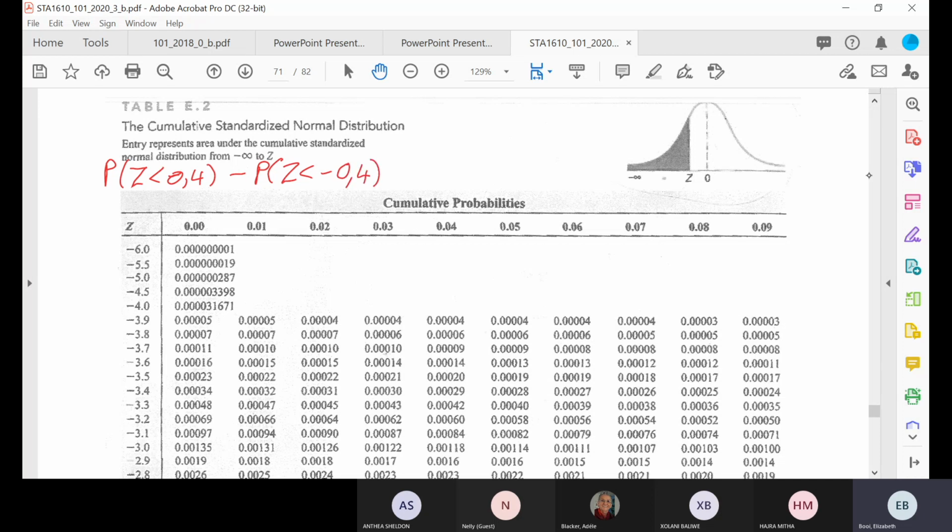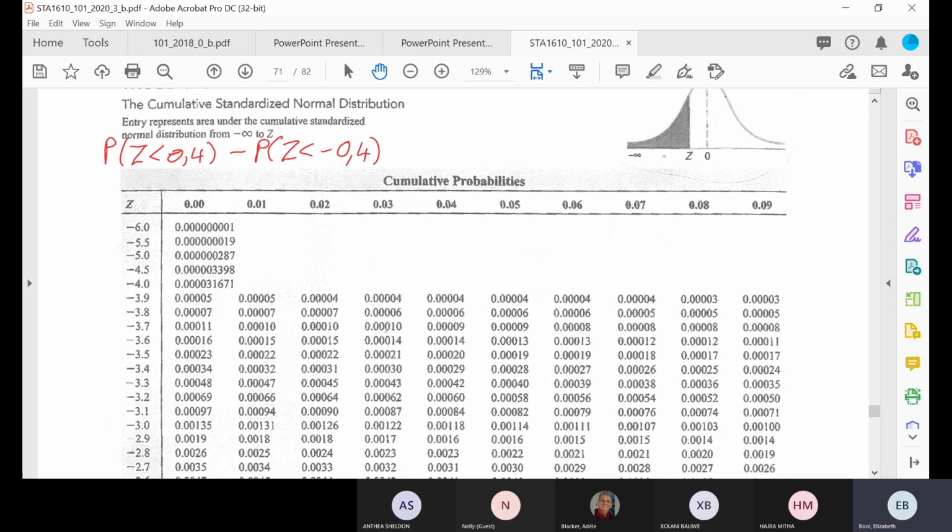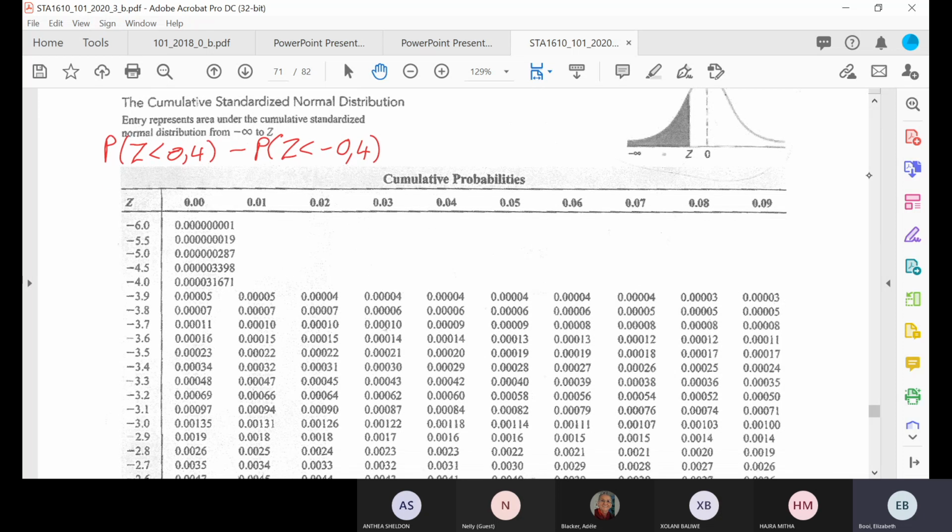It means we need to look for the probability on the positive side and on the negative side of the table. Since we are on the negative side, we can start here. And always remember that when we use the probability table, we always leave our answer to two decimals, 0.40 and minus 0.40.